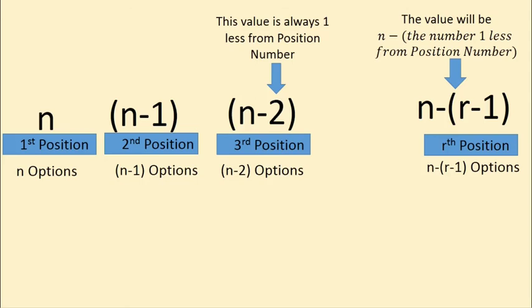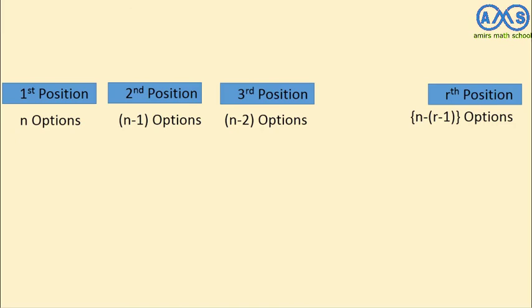And try to remember the AND rule. We have n options, n minus 1 options, n minus 2 options, and up to n minus r plus 1 options. So for the first position we have n options, for the second n minus 1, for the third n minus 2, and for the rth position n minus r plus 1 options.